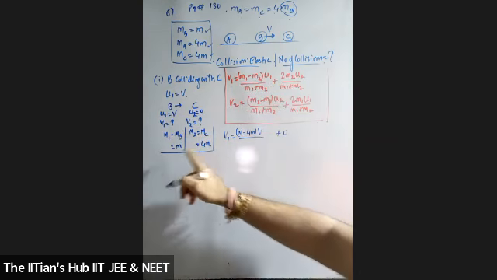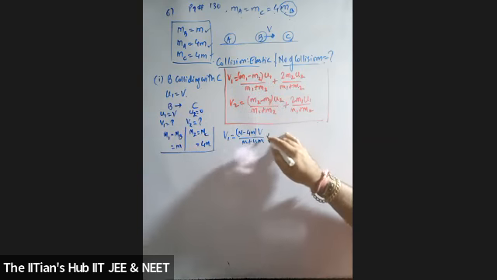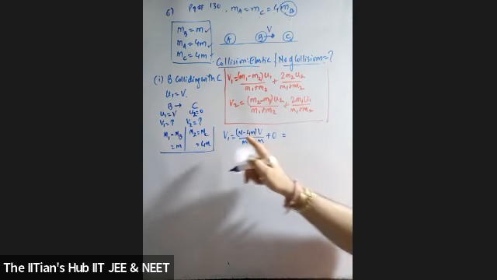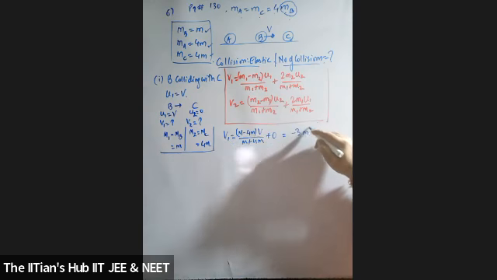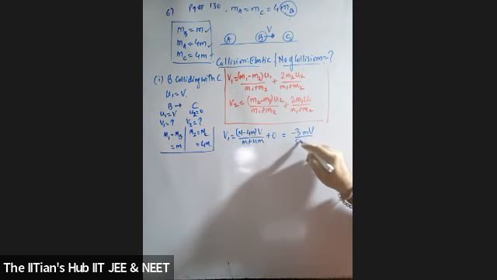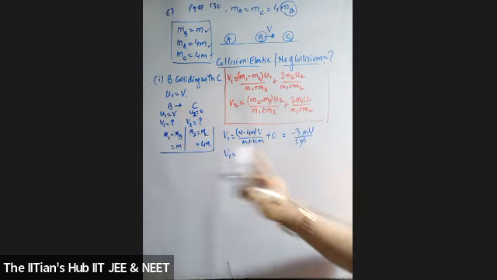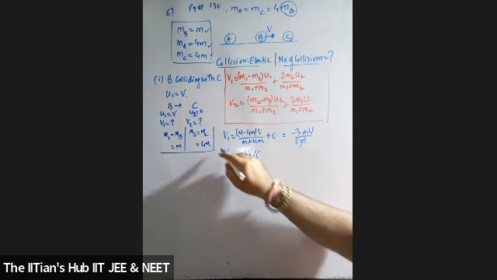M1 plus M2 यानी M plus 4M, और पीछे का पोर्शन तो 0 हो जाएगा. क्यों 0 हो जाएगा? क्योंकि U2 0 है स्टूडेंट्स. So what exactly my answer will be? So this is minus 3mv upon 5m. M gets cancelled. So what is the velocity of B? We consider minus 3v by 5. Is this clear, students?